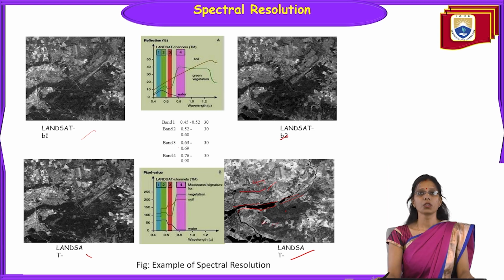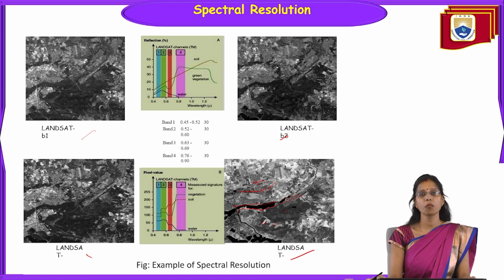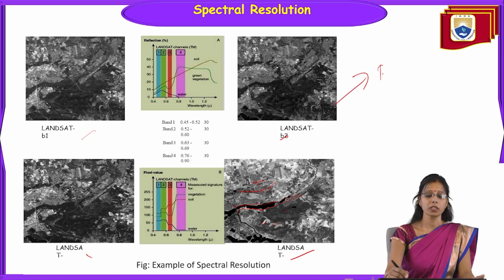Spectrum means how many colors the image is represented in. Suppose we are able to see 3 or 4 colors. 3 colors means only 3 bands, 4 colors means only 4 bands, and 1 color means panchromatic, only a single band. So these are all panchromatic images.